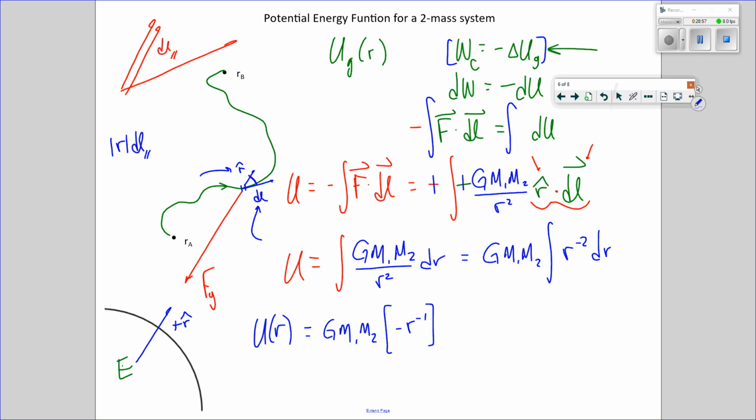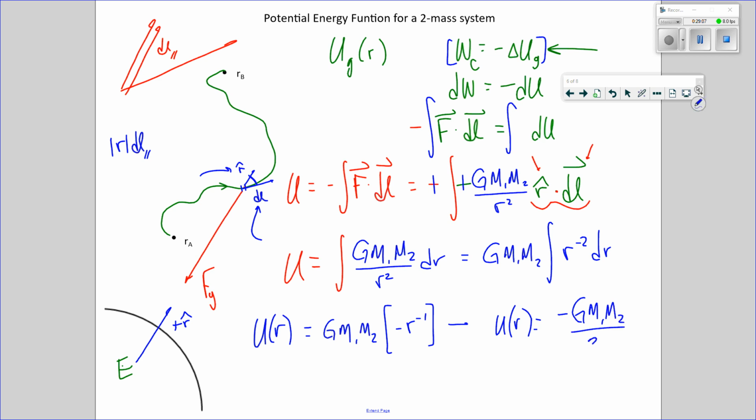And so we get that u as a function of r is negative G m1 m2 over, whoops, not over 2, over r plus c.